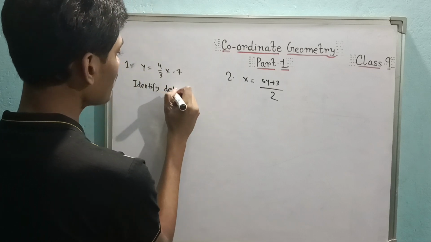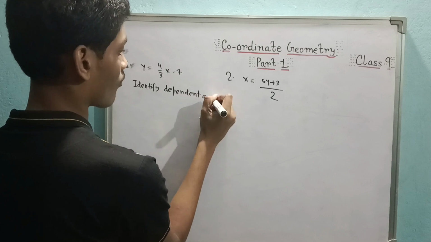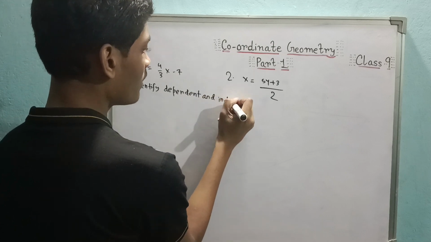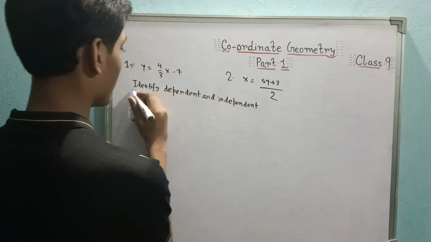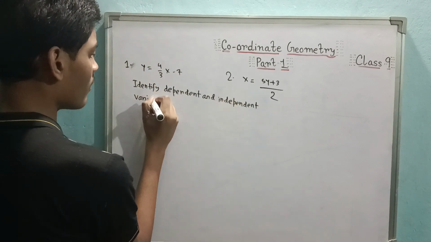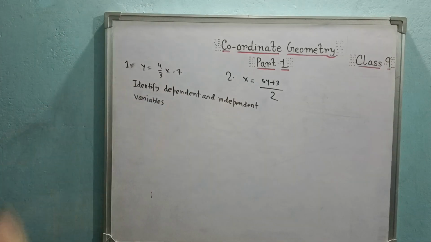Identify dependent and independent variables. Okay, we know variables. What are the variables here? x and y. That's quite easy to understand. For these two questions, we have to find them.